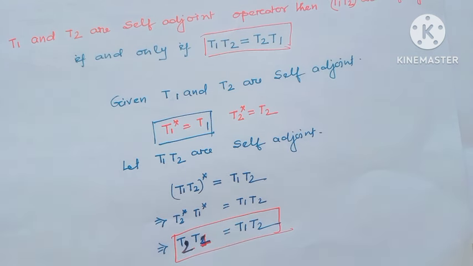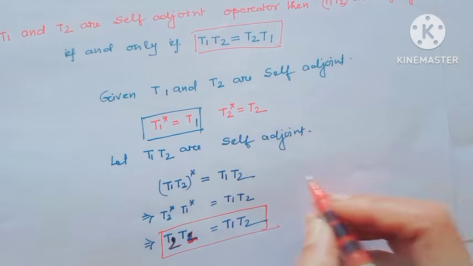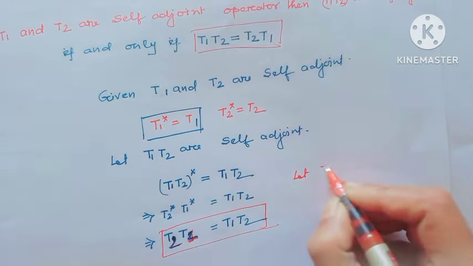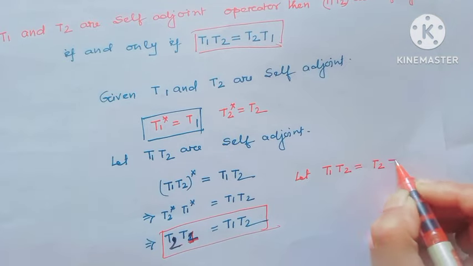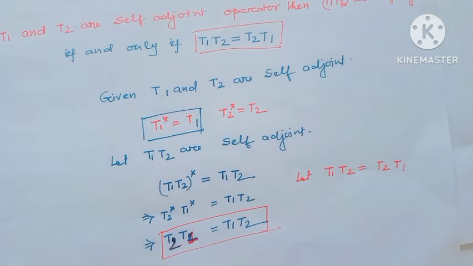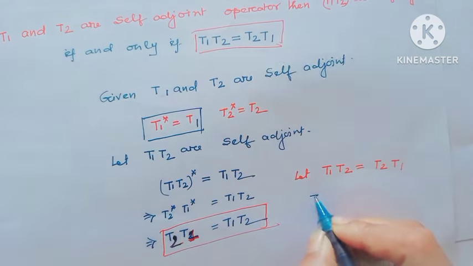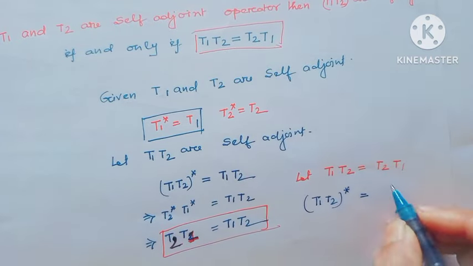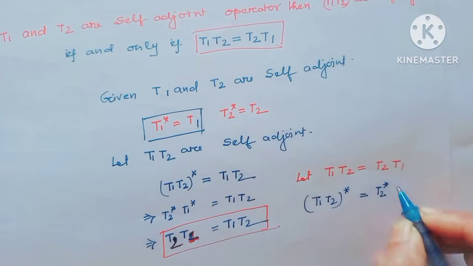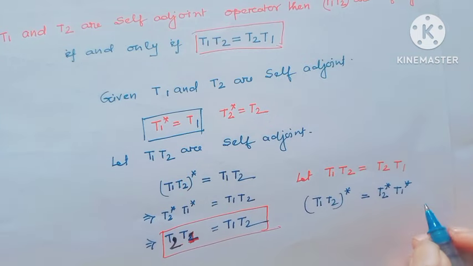Conversely, let T1 T2 equal T2 T1. Now apply adjoint on both sides. T1 T2 adjoint equals T2 adjoint T1 adjoint.